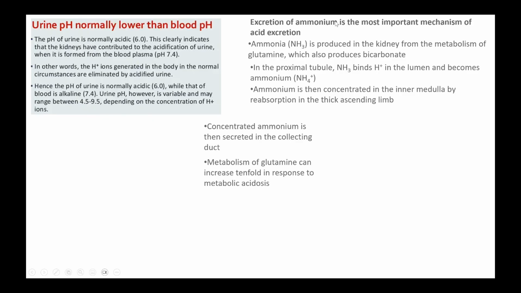And excretion of ammonia is the most important mechanism for acid excretion. So ammonia is produced in the kidneys from glutamate, which also produces bicarbonate. So in the proximal tubule, ammonia binds with hydrogen in the lumen and becomes ammonium. So NH3 becomes NH4. So ammonium is then concentrated and reabsorbed back from the tubular lumen into the medulla.